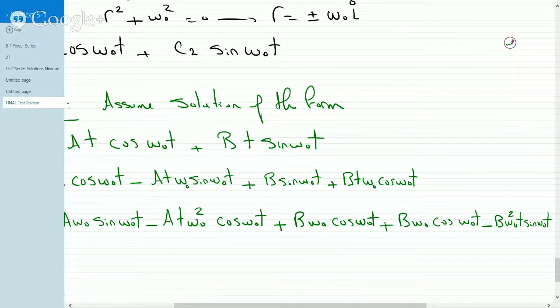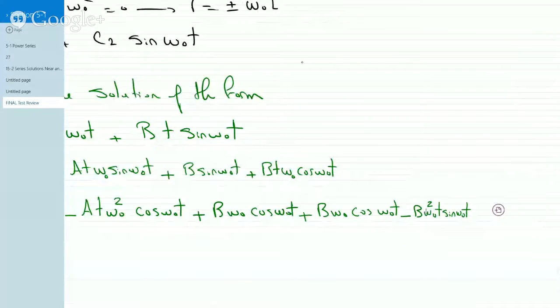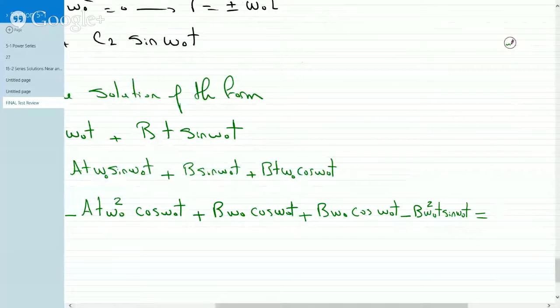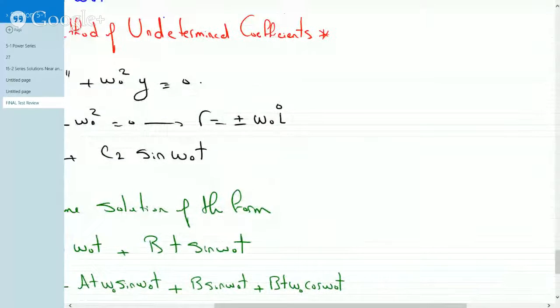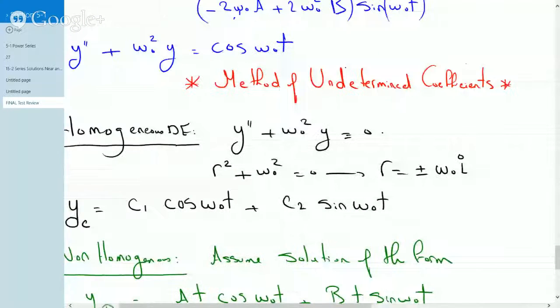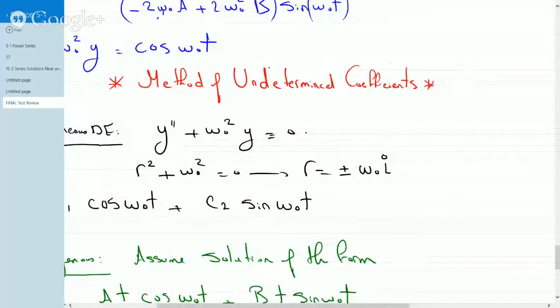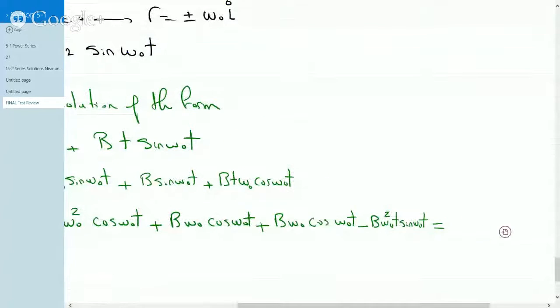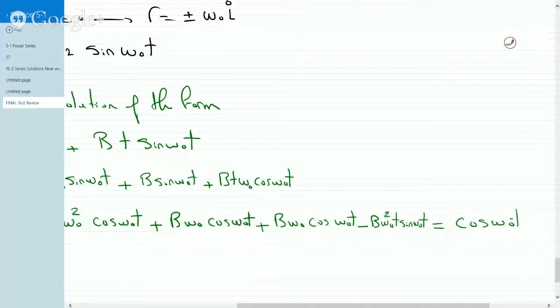And that's supposed to equal the forcing term of the non-homogeneous, which is cosine omega 0 t. Oh, that's just the second derivative.